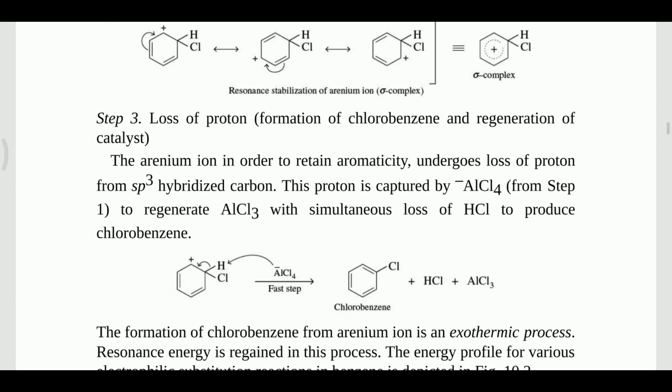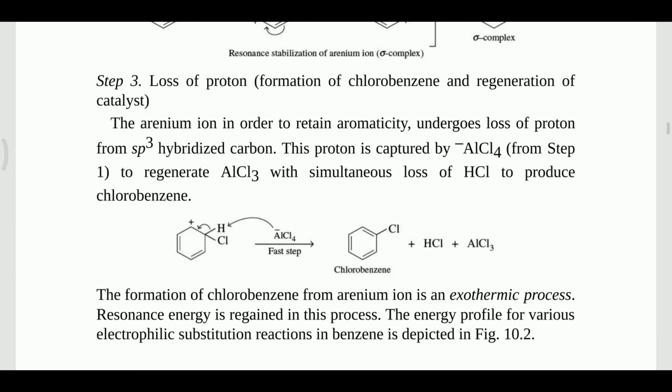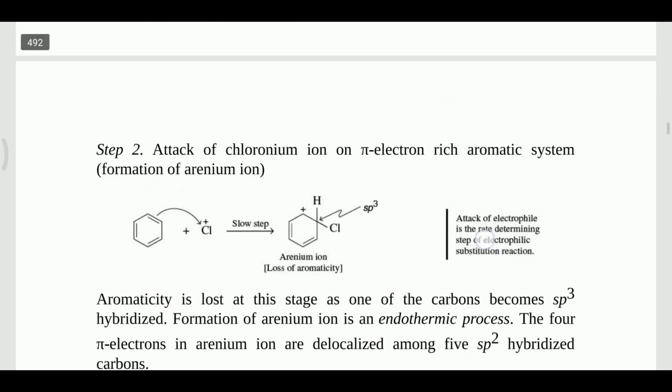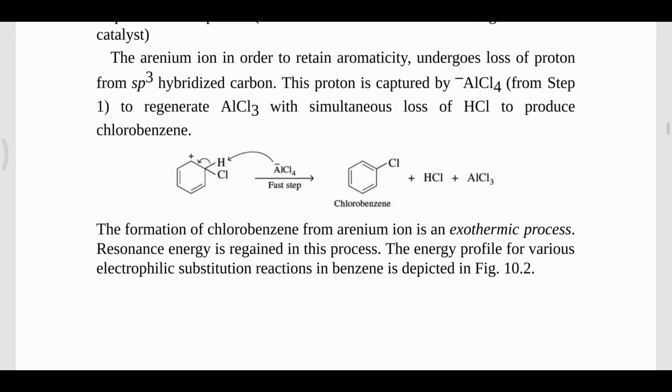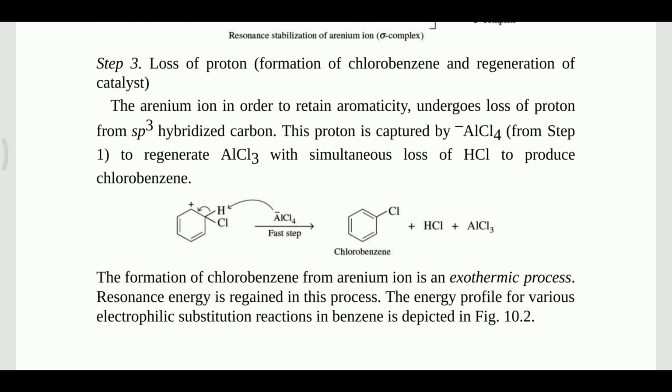The third step, the last step, is loss of a proton, formation of chlorobenzene and regeneration of the catalyst. Now what is happening? This second intermediate, the arenium ion, loses a proton. Whenever it loses the proton, those electrons bind again with the benzene ring system and benzene regains its aromaticity.